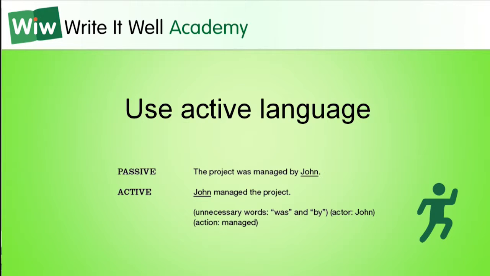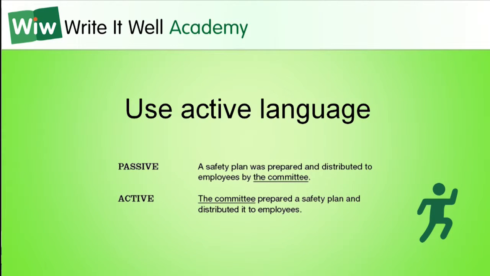So John managed the project. So that is active language. Another example, in passive language, a safety plan was prepared and distributed to the employee by the committee. Instead, the committee prepared a safety plan and distributed it to employees.